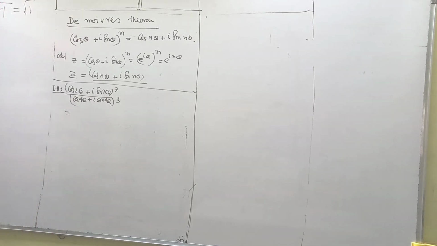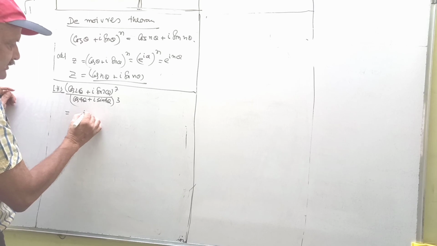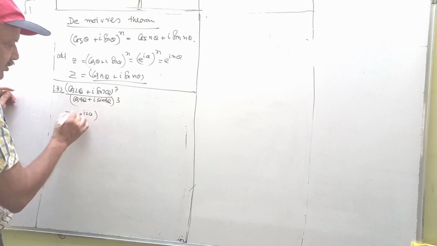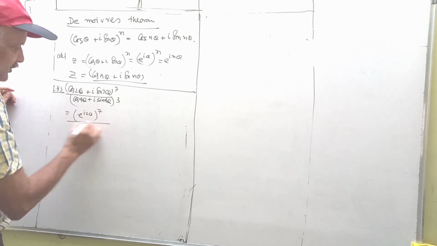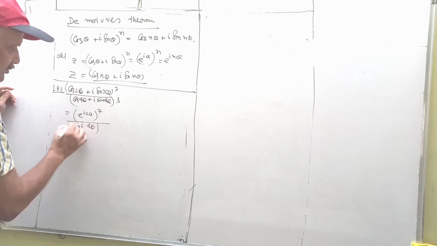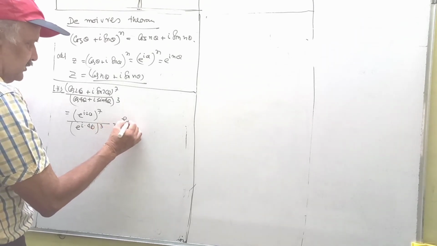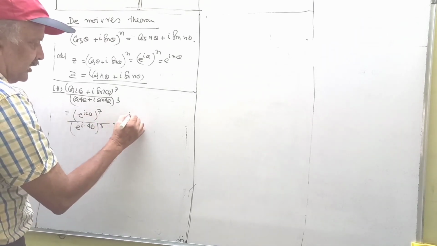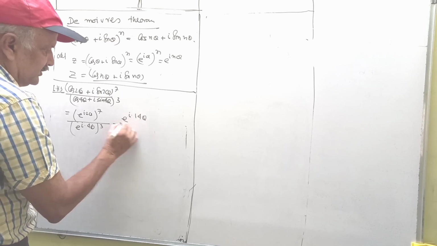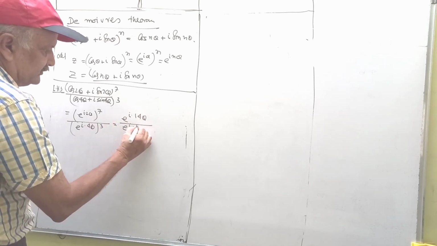Without converting to polar form it can also be done, but it is a little bit difficult. So (e to the power i twice theta) whole to the power 7 divided by (e to the power i 4 theta) whole to the power 3. Now you can write e to the power i 14 theta divided by e to the power i 12 theta.